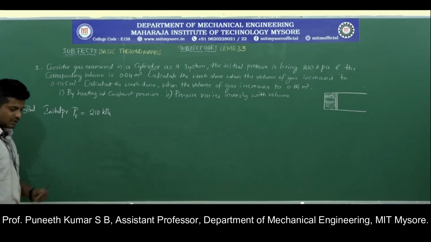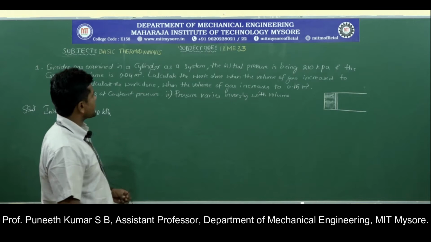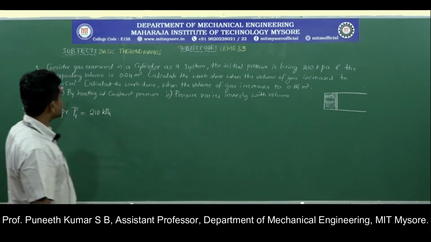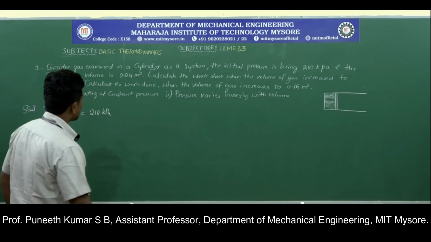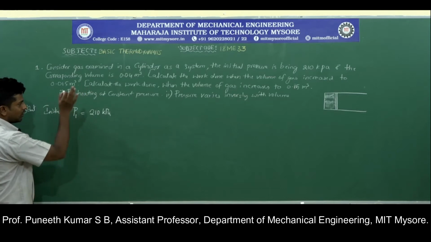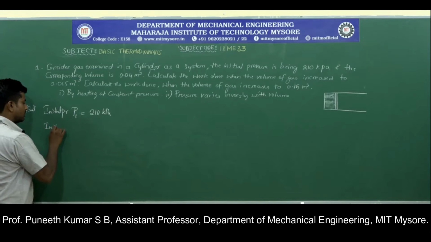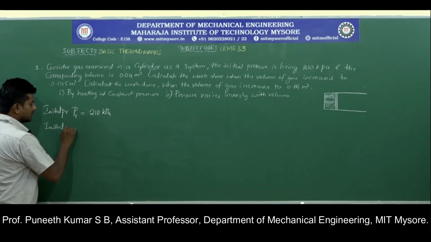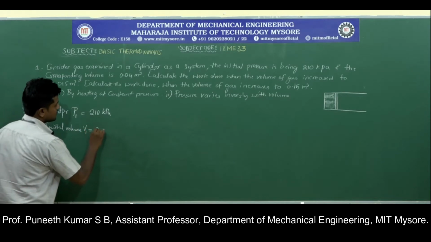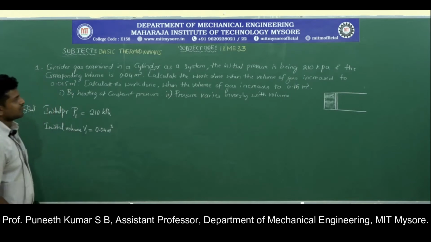The 1 represents that it is the initial condition. The corresponding volume is 0.04 meter cube, that is the initial volume, V1 is equal to 0.04 meter cube.